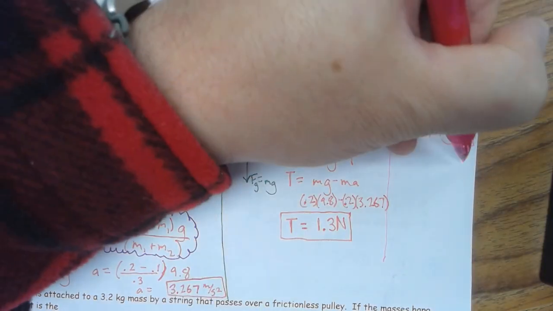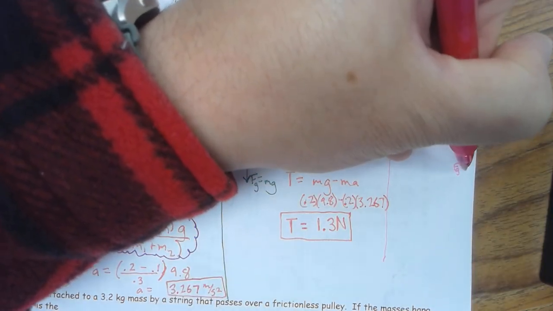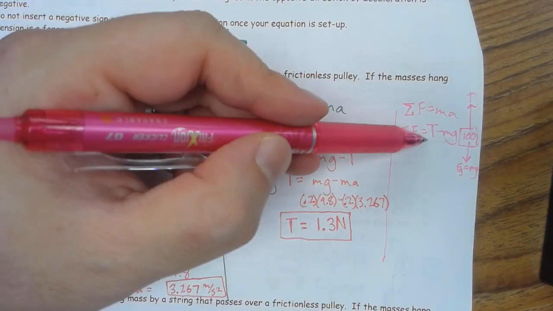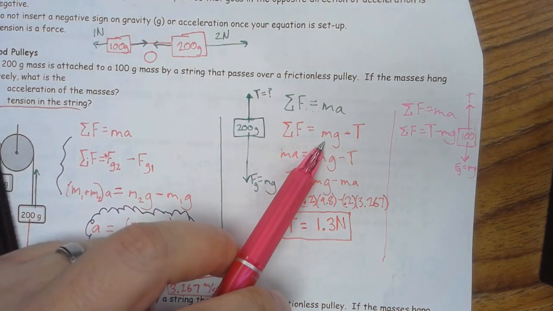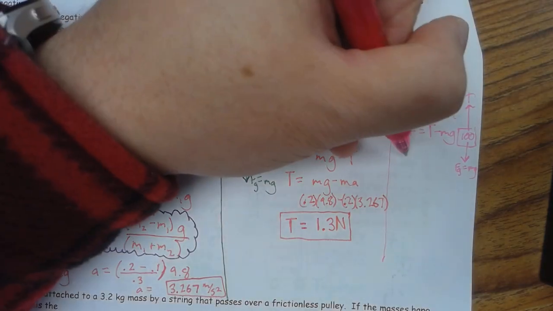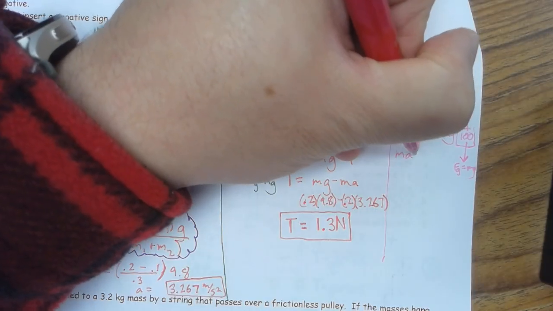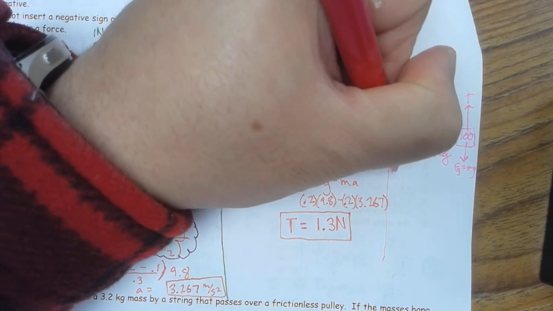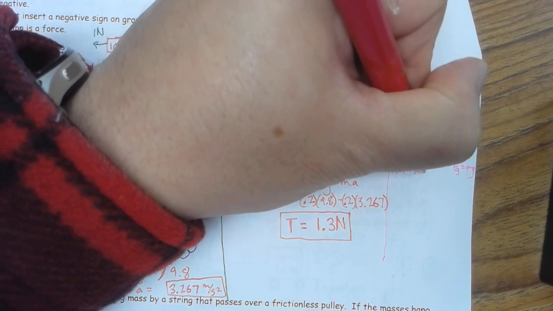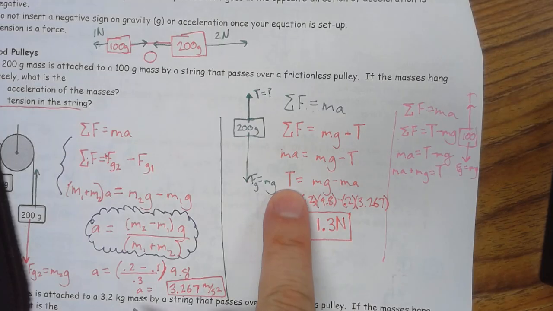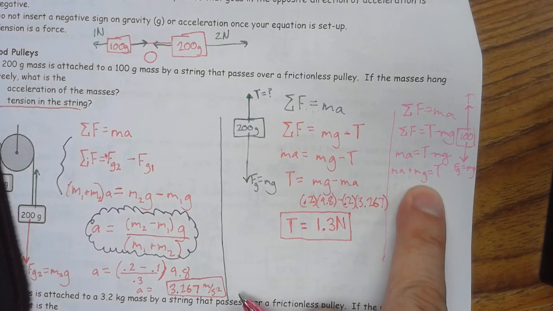So I have tension here, and force gravity equals mg there. Tension goes up and gravity goes down, so it's flip-flopped based on our picture. We look at our picture and see which way it's going. So we say ma equals T minus mg, or ma plus mg equals T. Instead of saying mg minus ma equals T, this is ma plus mg equals T.